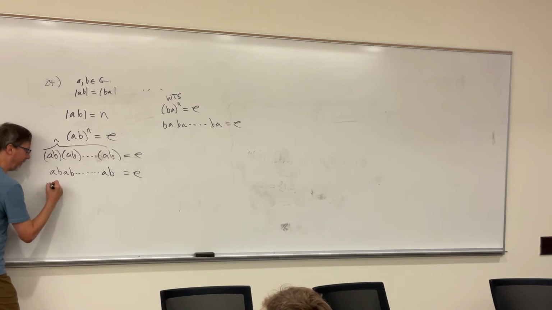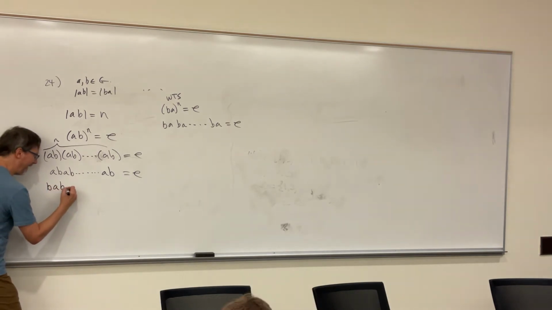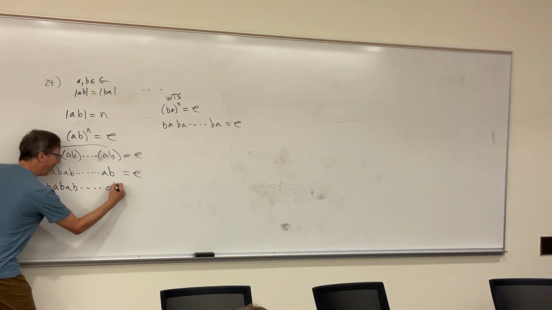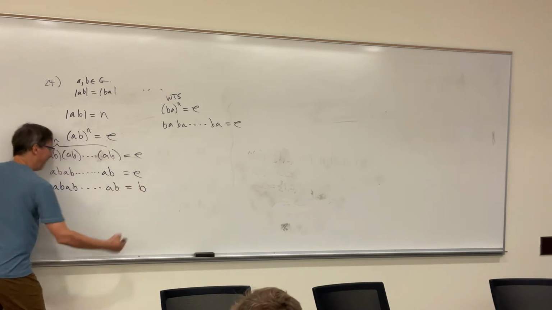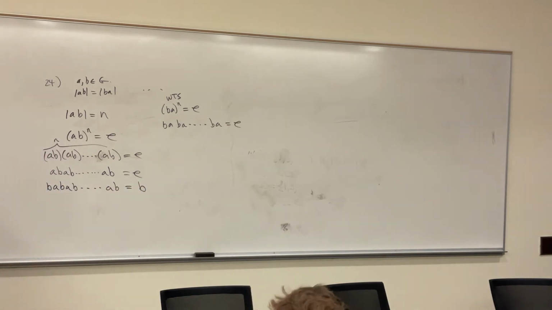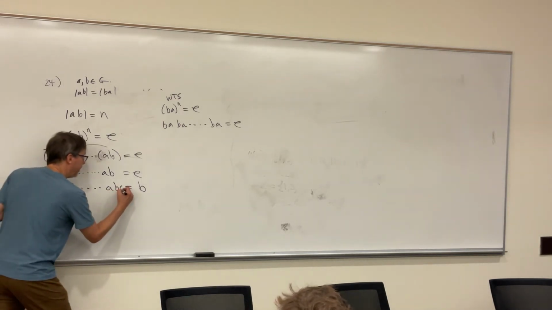So if I left multiply by B, and let's not write any of this down until we see what's up, and then maybe right multiply by A. Why not?